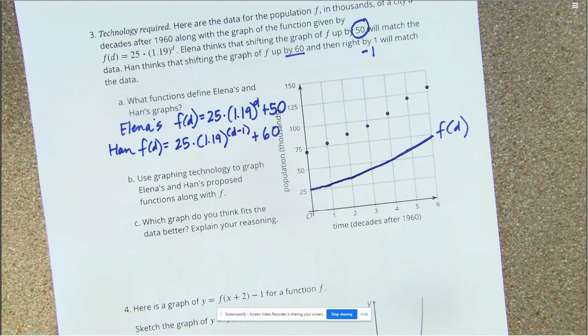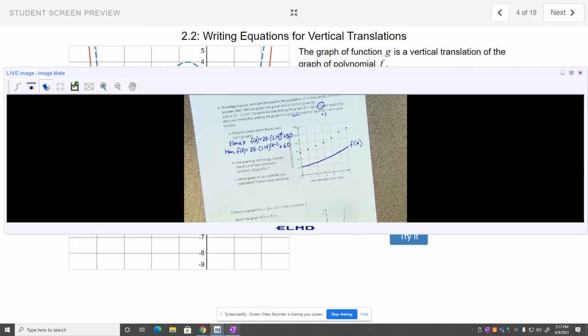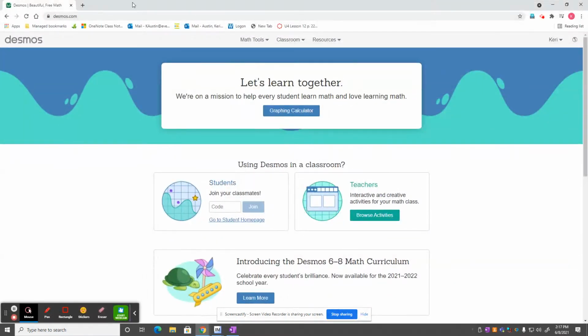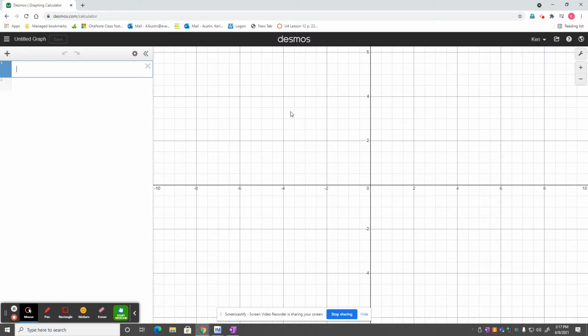Use graphing technology to graph Elena and Han's proposed functions. So I am going to open up Desmos here. Hopefully this will help. And let's see. They want me to do what? Use a graphing technology to graph.